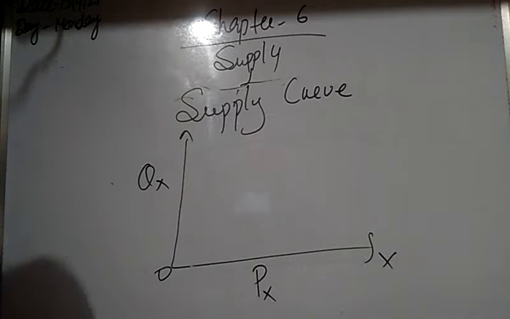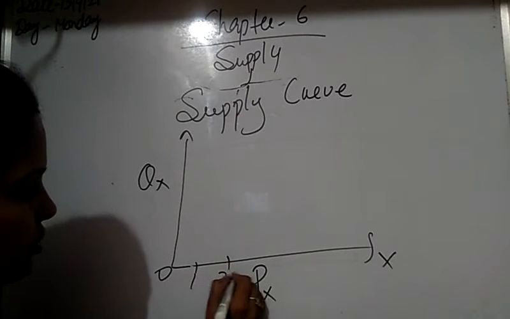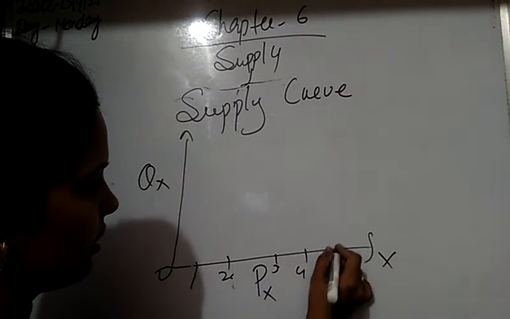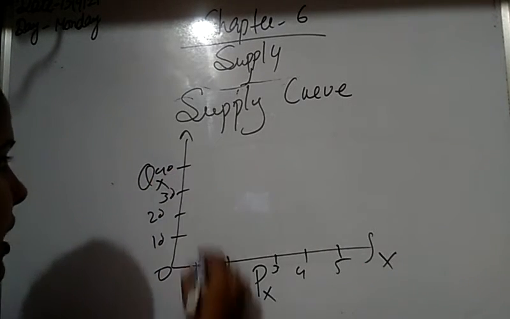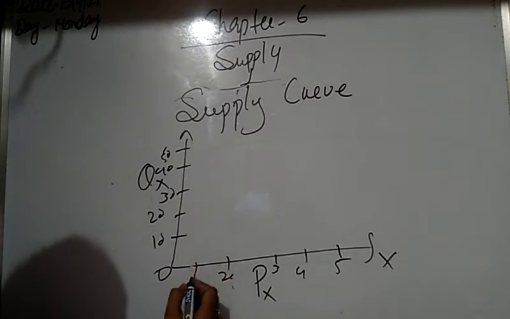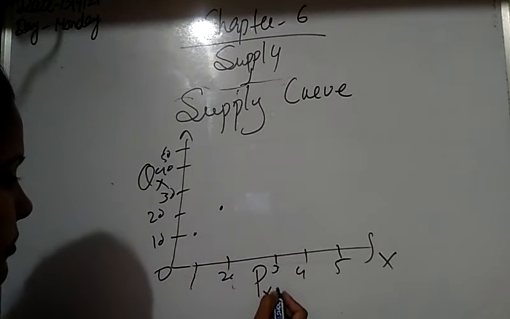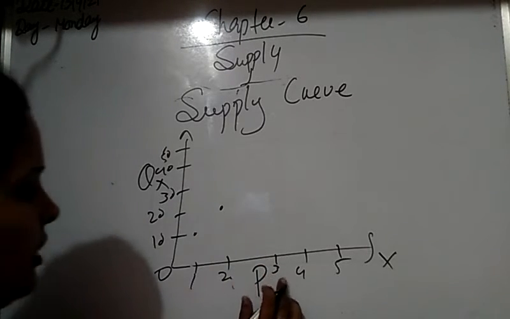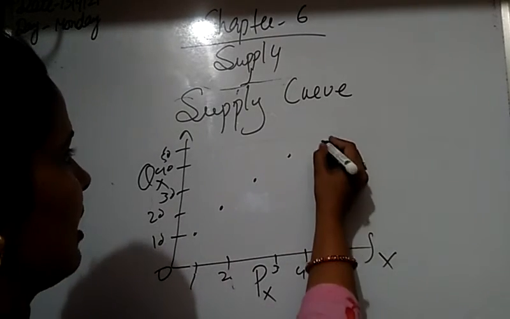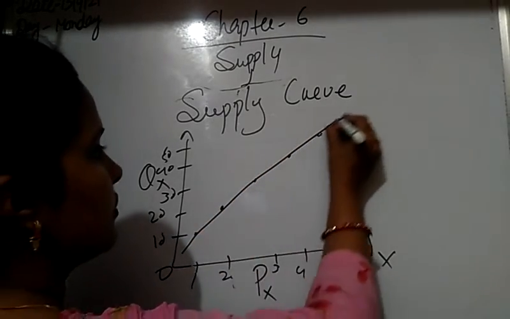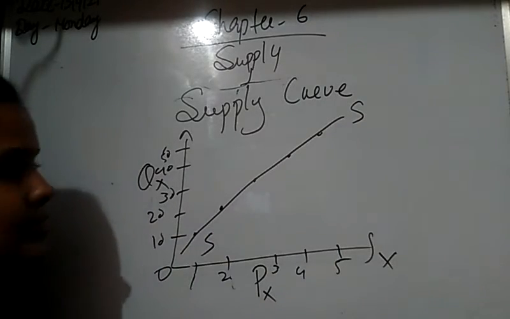Price is 1, 2, 3, 4, 5 and supply is 10, 20, 30, 40 and 50. When price is 1, supply is 10, price is 2, supply is 20, price is 3, supply is 30, price is 4, supply is 40, price is 5, supply is 50. So this is an upward movement curve, a straight upward curve, SS, that is the supply curve.